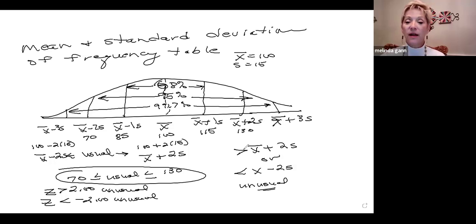So some people prefer to get the actual numbers, like bigger than 130 or smaller than 70. That makes more sense to them. Some people would rather take the number and do the Z-score and check the Z-scores. That's up to you. But I'm going to ask you on your test if something's usual or unusual. So make sure you're able to do that.